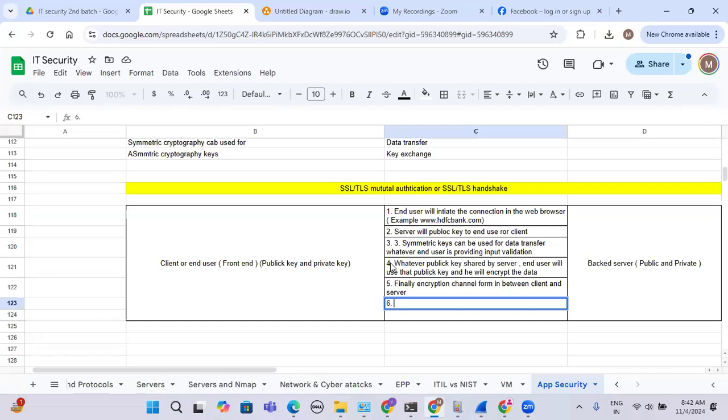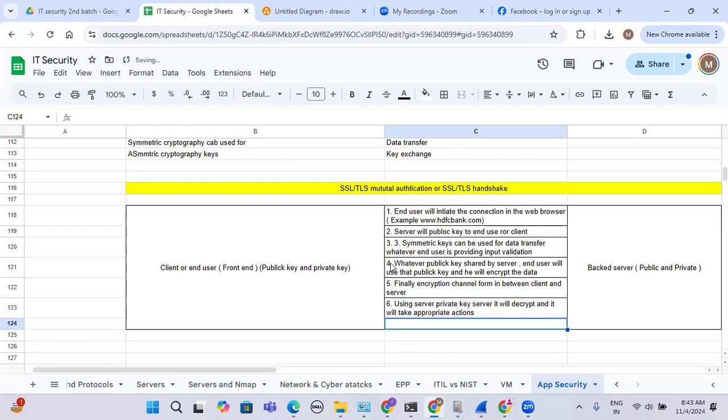That request will go using an HTTP request and also an HTTP response, using the HTTP 2.0 protocol with GET and POST requests. Using the server's private key, the server will decrypt it and take appropriate actions. So this is the way the overall data can be transferred between client and server.